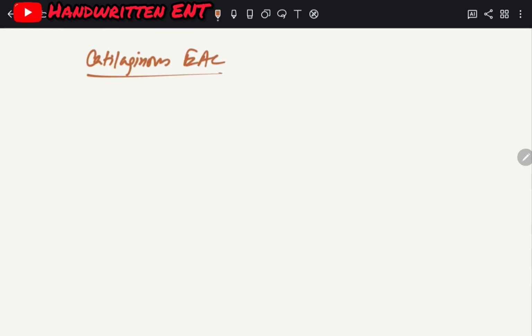So talking about the cartilaginous EAC, it is a continuation of the cartilage which forms the framework of pinna. So basically it's a continuation of the cartilage of pinna.